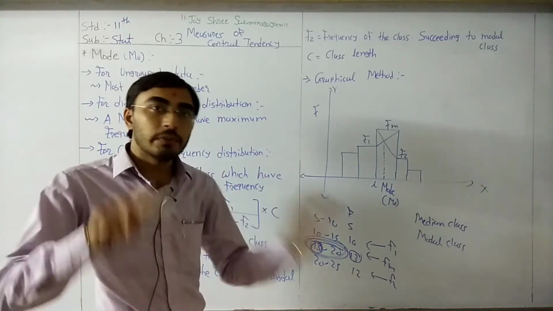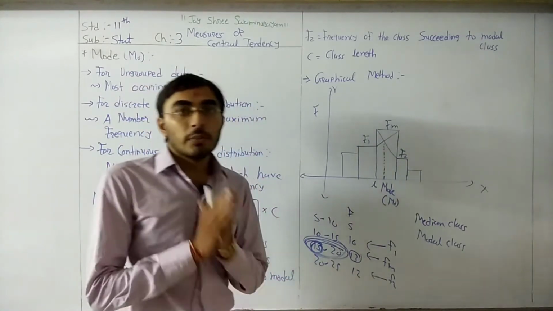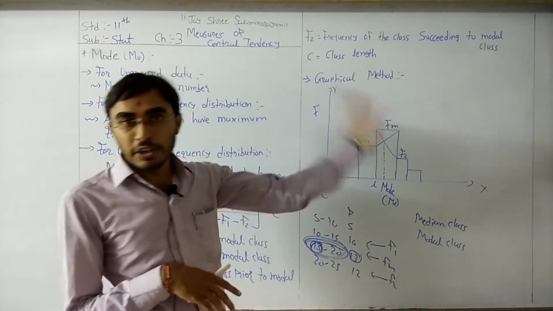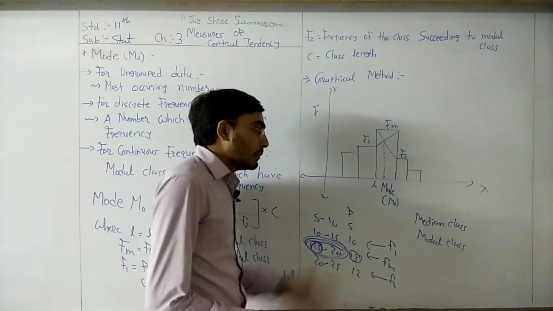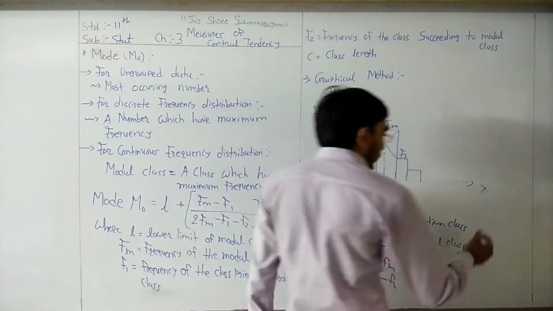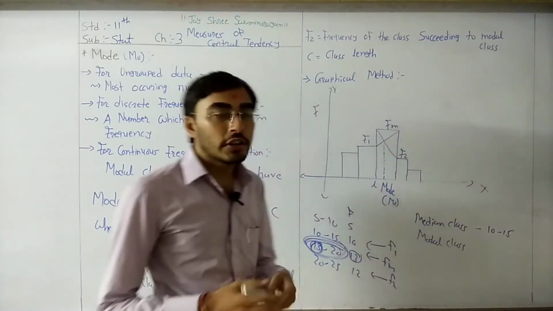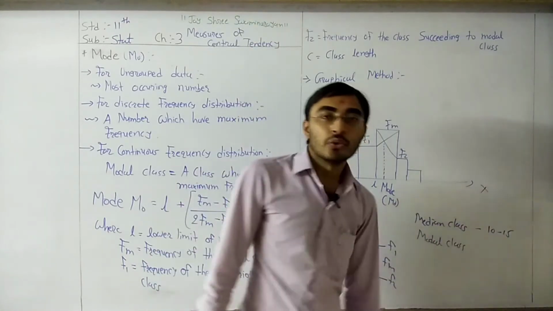It lies between 15 to 20, for both median and mode. For example, if our median class is 10 to 15, then the answer of median cannot be more than 15 and cannot be less than 10. It lies between 10 to 15.